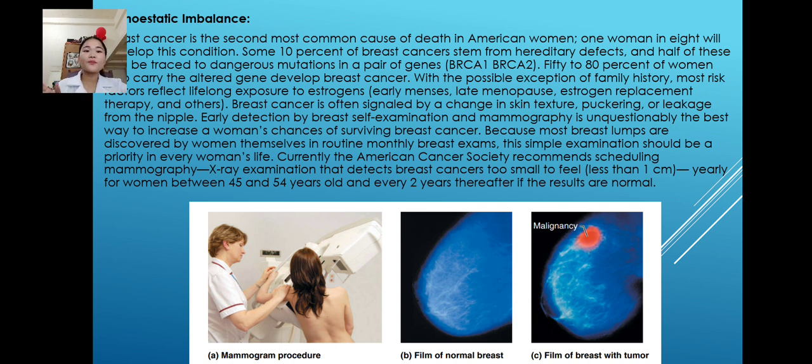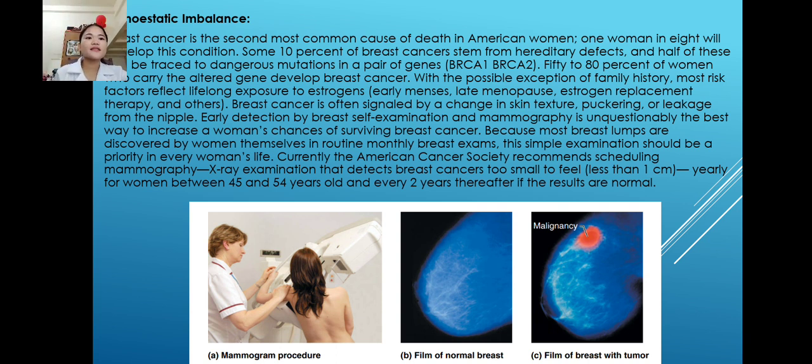Some 10% of breast cancers stem from hereditary defects, and half of these can be traced to dangerous mutations in a pair of genes. 50 to 80% of women who carry the altered gene develop breast cancer.